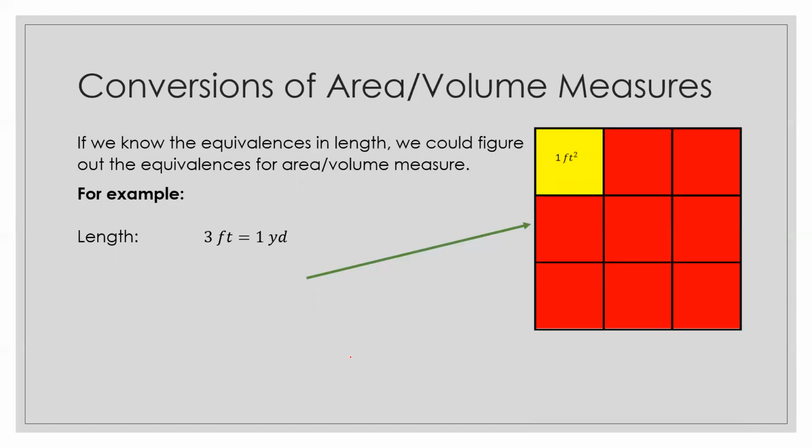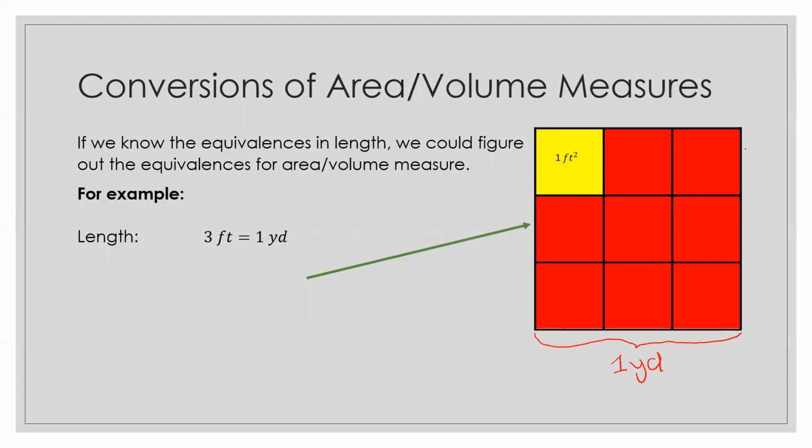Then how do we visualize area? Well, this right here is 1 yard, right? And 1 yard has 3 feet in it. So here's 1 foot right here, 1 foot, 2 feet, 3 feet. And so 1 square yard, which is the whole entire red square, consists of how many little square feet? Yep, that is 9, right?